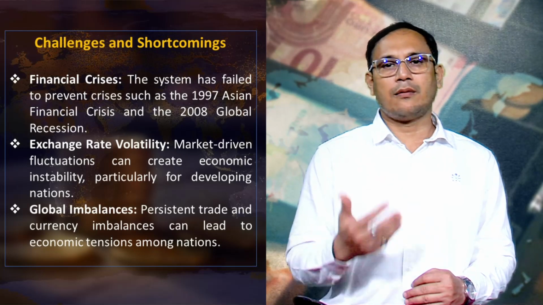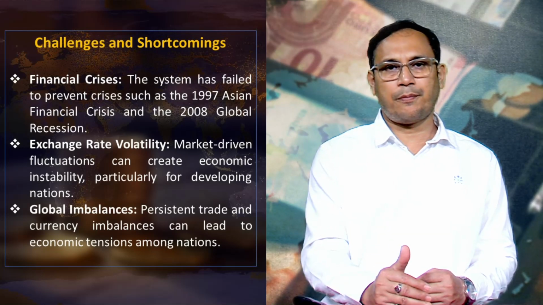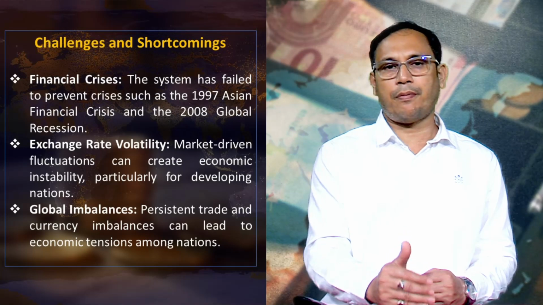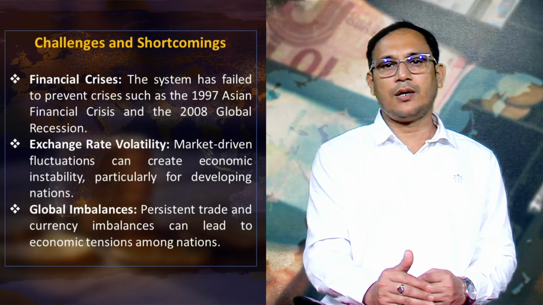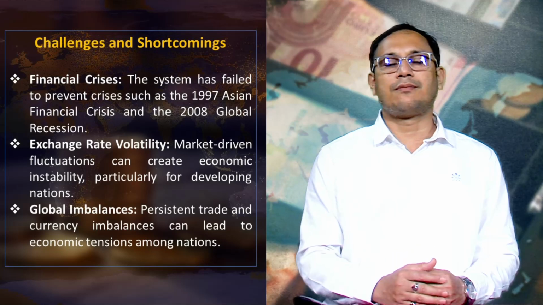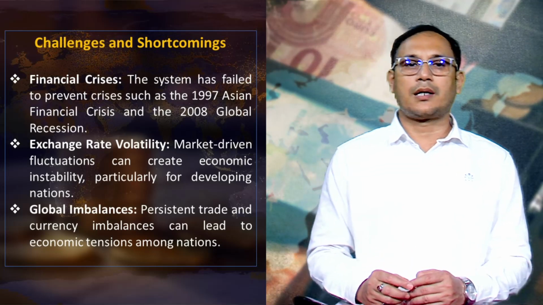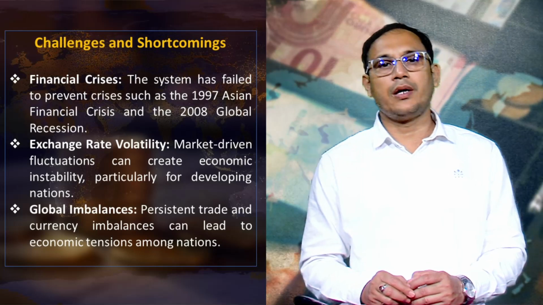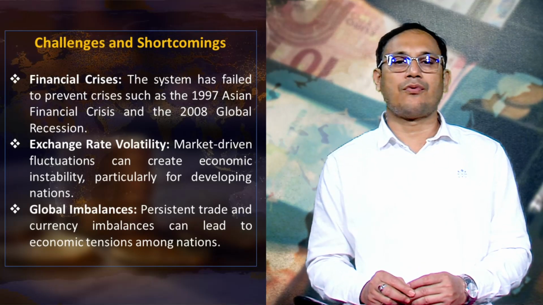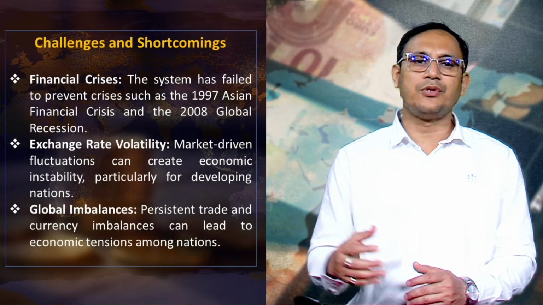Because after the adoption of this present financial system, that is the flexible exchange rate, some major crises also occurred. For example, the crisis in Mexico during 1994 and 1995, where the IMF had to intervene.